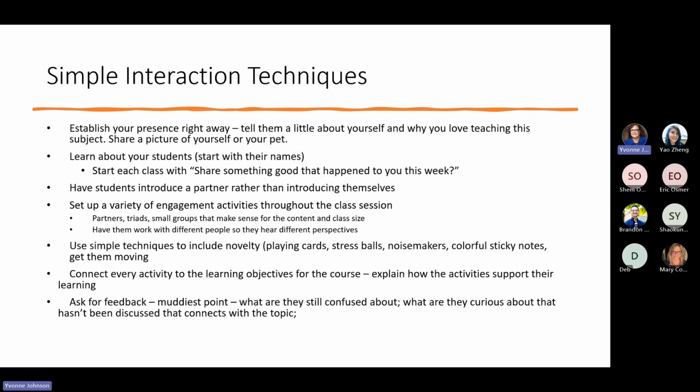How is this supporting the objectives that they're supposed to be meeting? And you can do that muddiest point feedback at the end of class. Is there still something that they have questions about? It's a simple activity, and you can see if there are trends in confusion on the parts of different students.